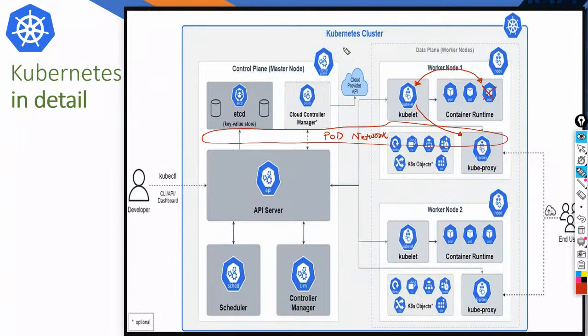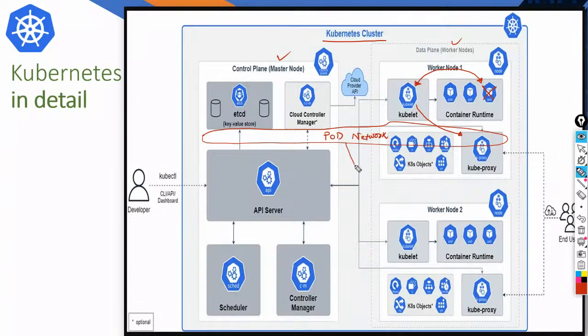This is the Kubernetes cluster, right? You have implemented one master and 2 nodes, but they are a part of the cluster. So there is a pod network running in between the master and the nodes, like a horizontal network. This worker node will also communicate with the pod network.